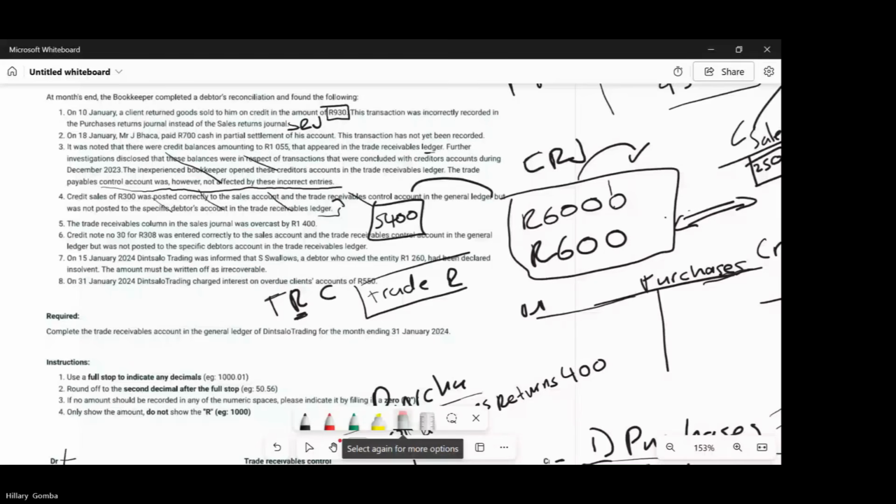Because on the figures I don't see the sales journal. They won't show you the sales journal, but they showed you the credit sales. Which credit sales are recorded in the sales journal?